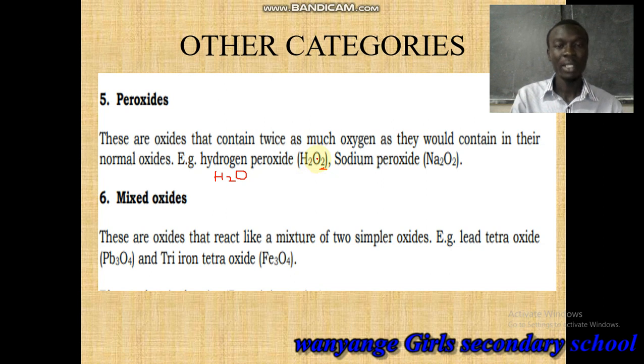Let's look at another example. Sodium peroxide. The normal oxide of sodium is sodium oxide, which has this formula, Na2O.